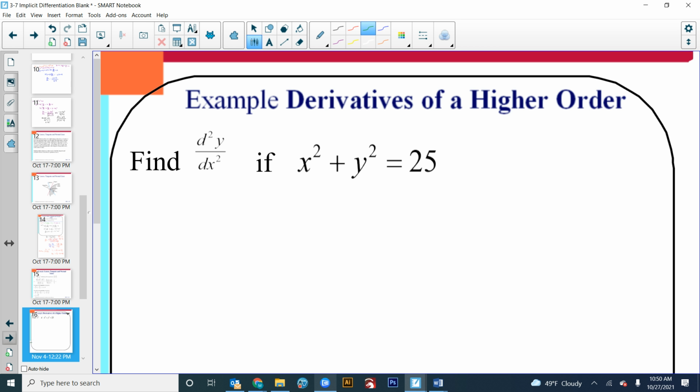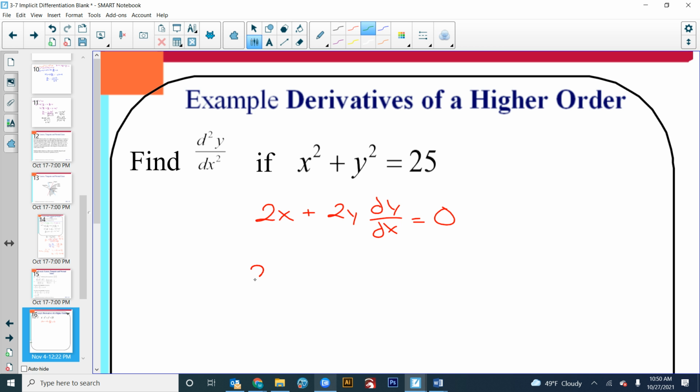Let's get amped up. First derivative. What's the derivative of x squared with respect to x? 2x. What's the derivative of y squared? 2y dy dx equals 0.